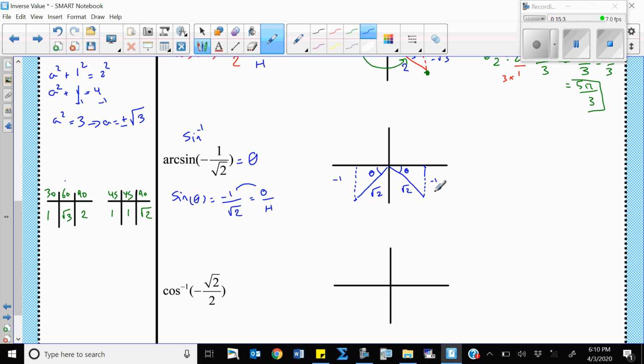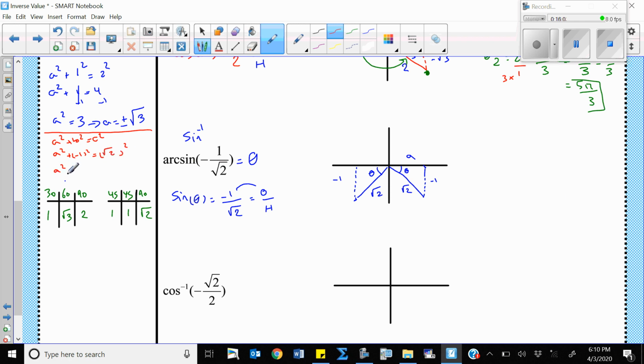Okay, now I'm going to find the other side, the missing side. Again, I'm going to use the Pythagorean theorem. Let's call this A. Again, A squared plus B squared equals C squared. A is what we're looking for. B is -1, so this is -1 squared, equal to C, which is the hypotenuse, √2.